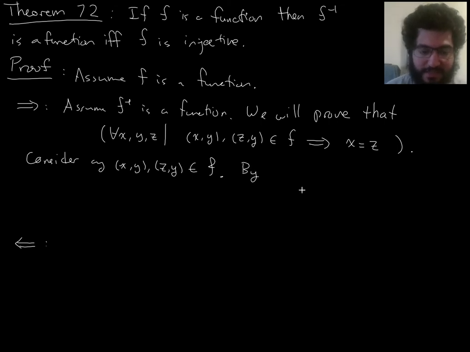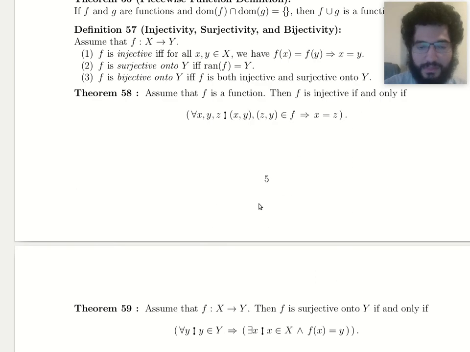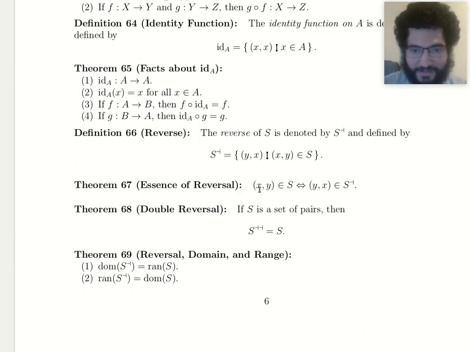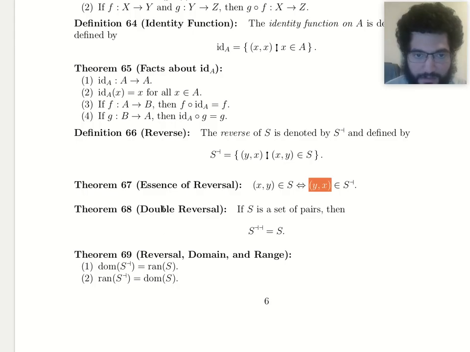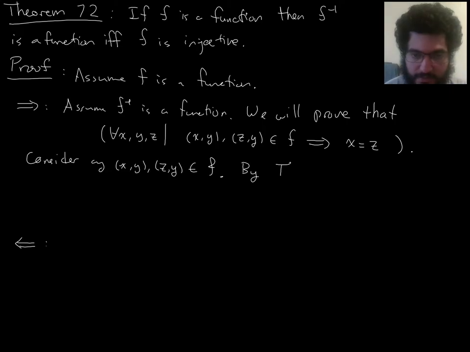And I have essence of reversal, that very convenient way of using reverse: pairs being in a set is the same as the flipped around pairs being in the reverse. So by Theorem 67, essence of reversal, y, x and y, z are in f reverse. So I just flipped the pairs and then slapped on a reverse symbol.